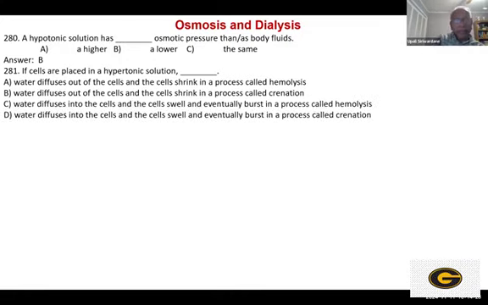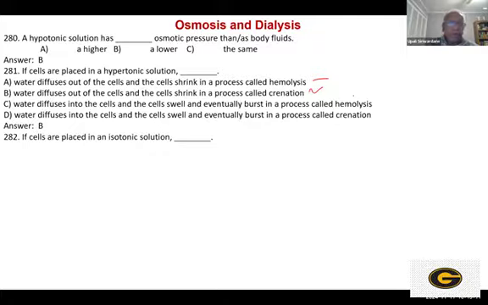Water diffuses out of the cell, this is the correct answer. Hemolysis is when you put cells in a hypotonic solution. Therefore, the answer is water. C and D are not correct. B is crenation, when the cells are put in a hypertonic solution.